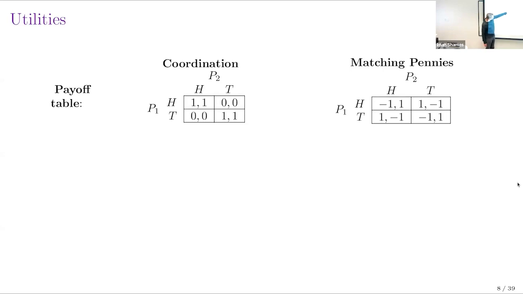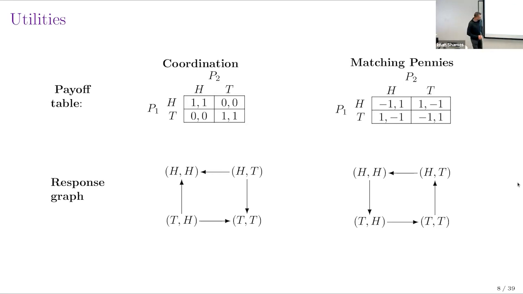So if both of them play heads, both of them get payoff one. If they don't match, they don't get anything. If both of them play tails, they get payoff one. In matching pennies, if they match, player one loses and player two wins. So that's how the assignments work. And if they don't match, the rewards are flipped. Okay.